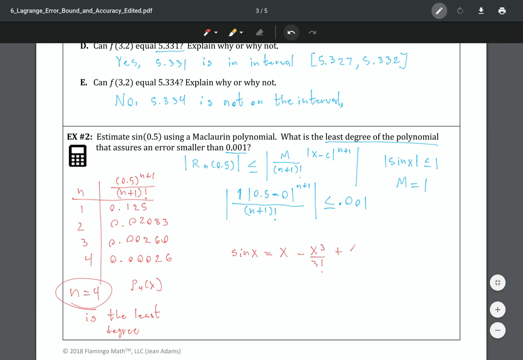So notice that, and I will attach notes from the person who created this curriculum, they went all the way to here, and you might be confused about why. Well, because it says at least degree 4, but this one cannot be degree 4 because it skips the powers, going by odd numbers. So they go from 1 to 3 to 5 to 7 and so on. All right, so I need to at least go to that. And of course you would plug in the 0.5 for x.